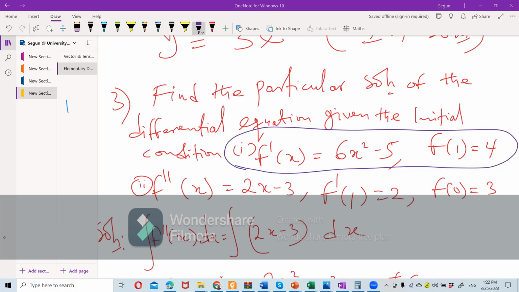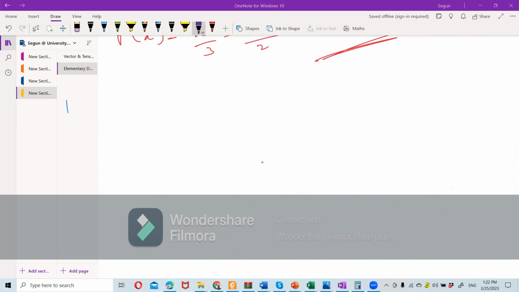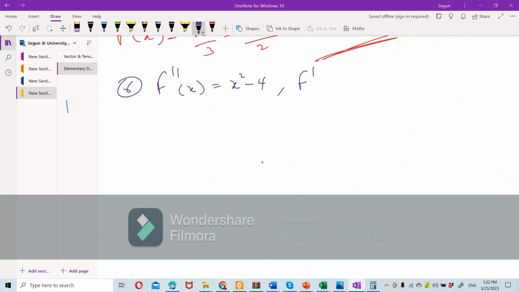Before we call it a day, let's quickly solve it. And also, let me give you another question. f double prime of x equals x squared minus 4. f prime of 2 equals 3. f of 1 equals minus 4.